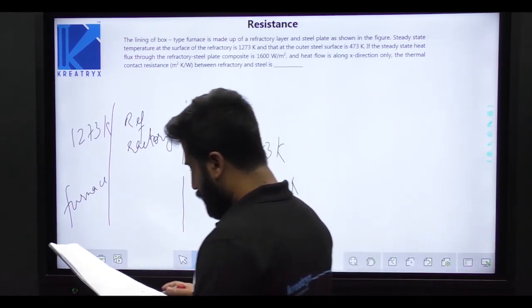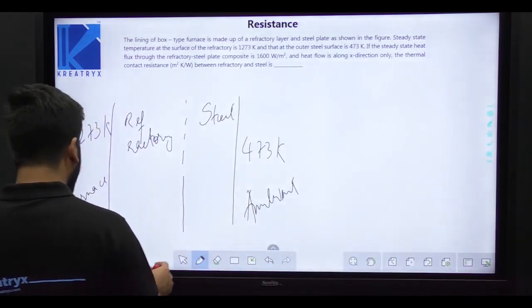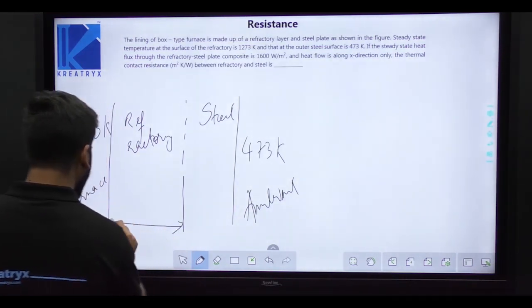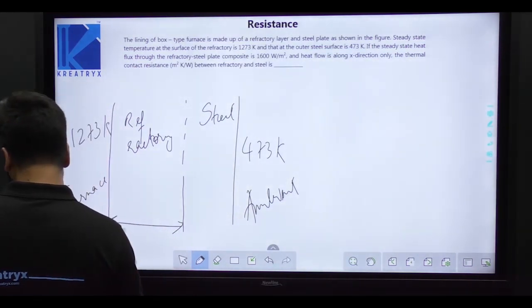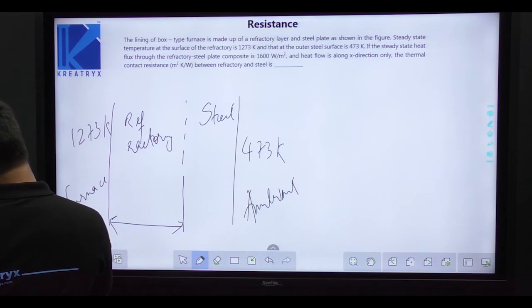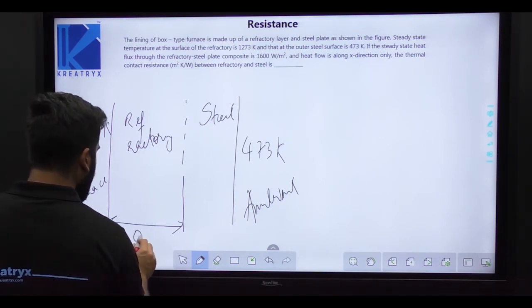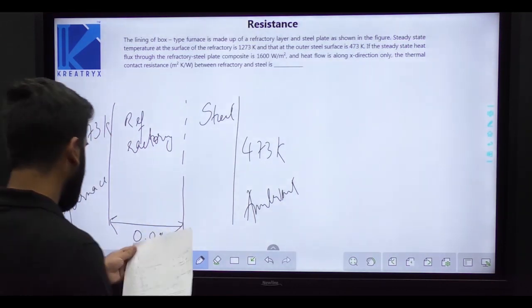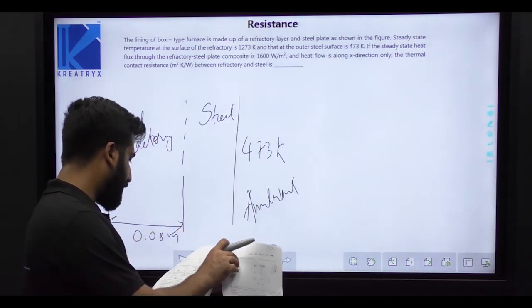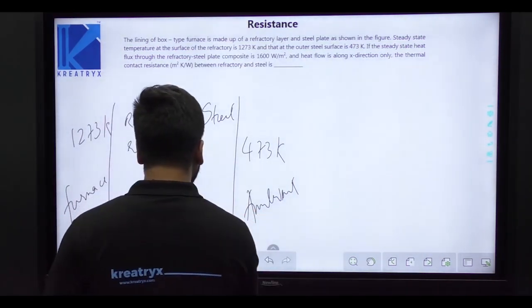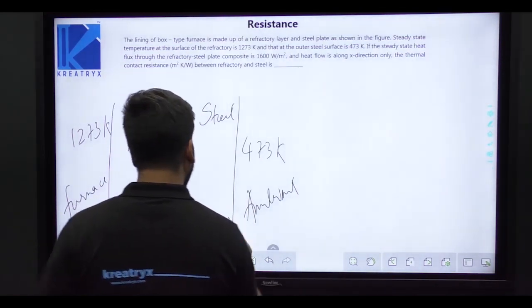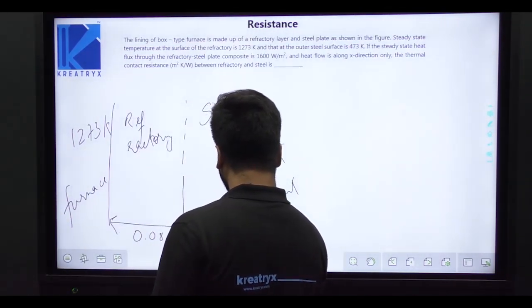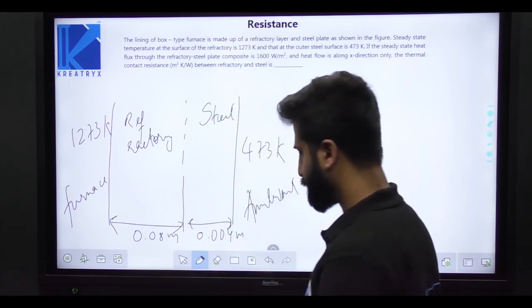Okay, and some data is also given that this refractory thickness is 8 centimeter, 80 mm, that is 0.08 meter, and the thickness of steel plate is 4 mm. So this is 0.004 meter.